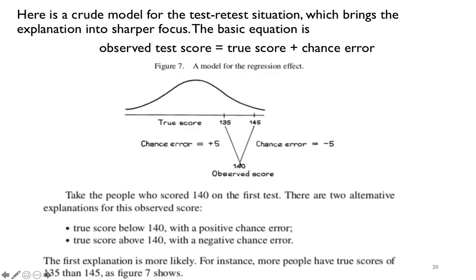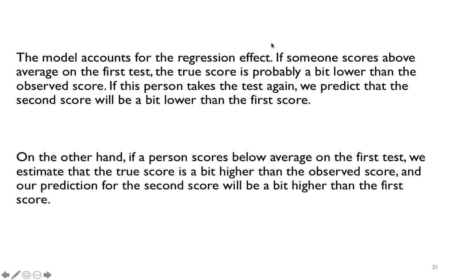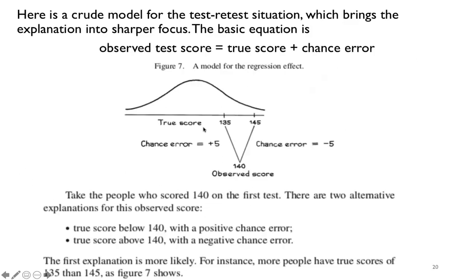There are two explanations for this observed score. One explanation is that their true score is below 140, which means that they have a positive chance error, which makes their observed score higher than the true score.